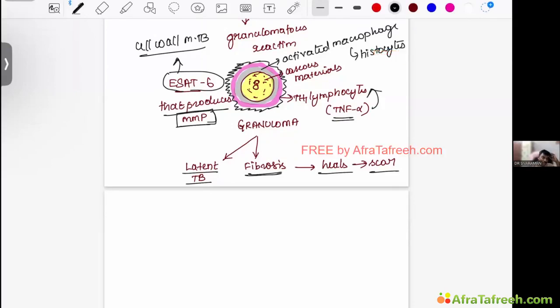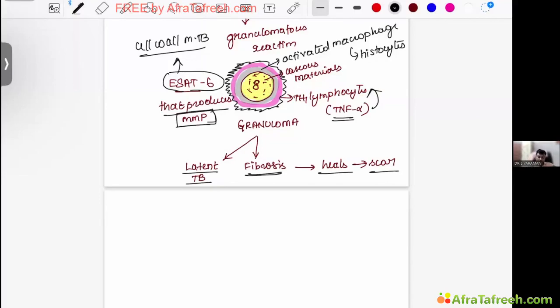When it is broken, what will happen? TB bacilli will be released, right? When you give anti-TNF alpha. Yes? Okay. So these are a few things which you have to remember.